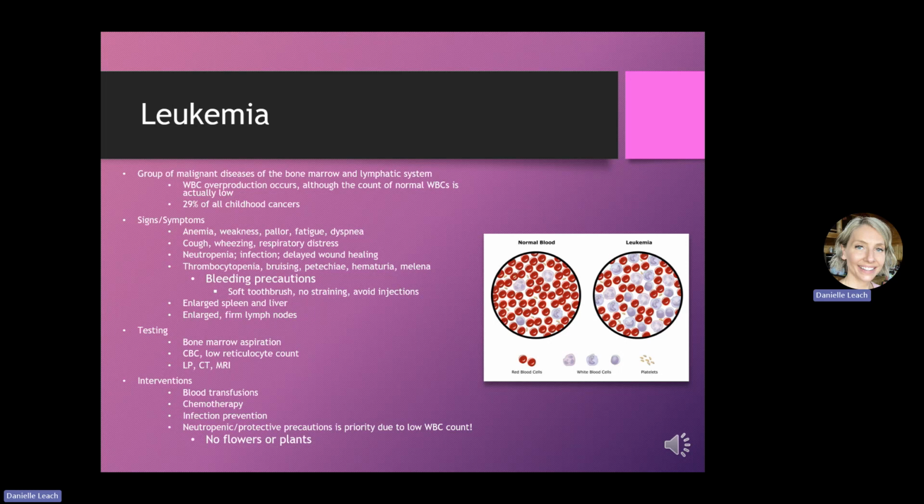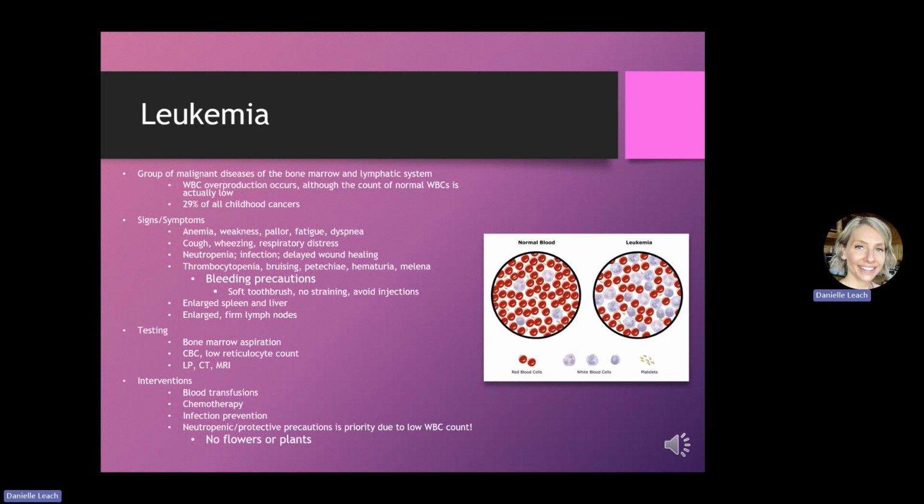So they don't function properly, and they basically compete with other cells. So since they are competing with other cells, normal white blood cell count is actually low, and usually the other blood cell counts are low as well. So like RBCs and platelets are going to be low as well.